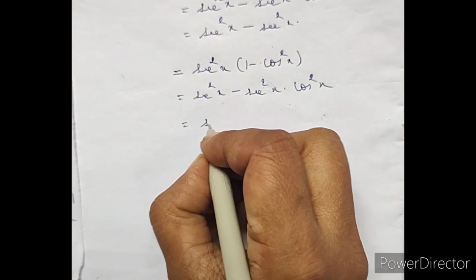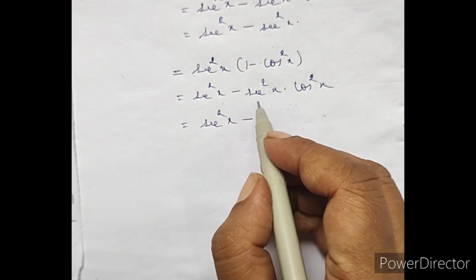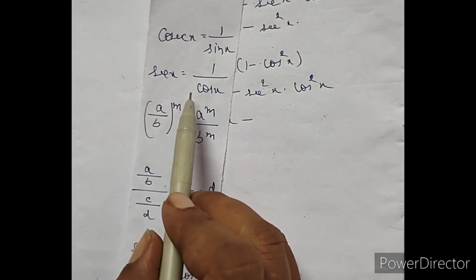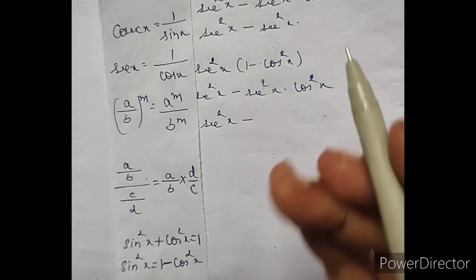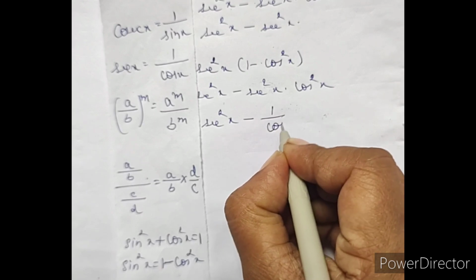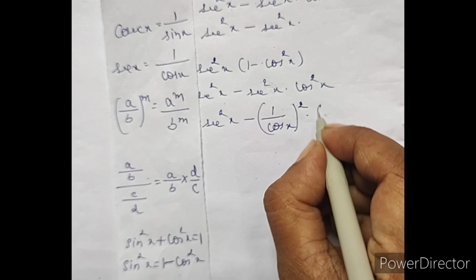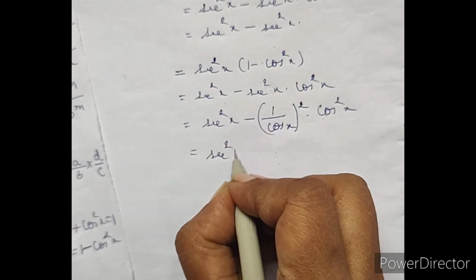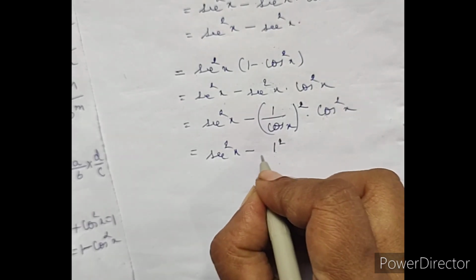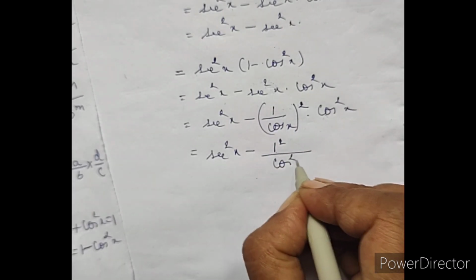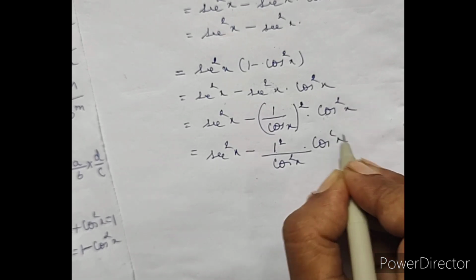But what is secant x? Secant x is nothing but 1 divided by cos x. So secant square x minus, secant x is 1 by cos x, and since there is a square, it is 1 square divided by cos square x into cos square x.